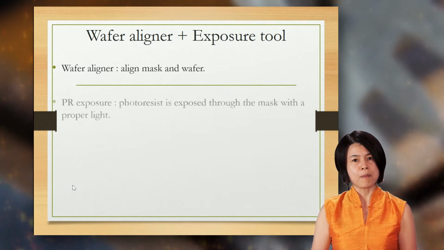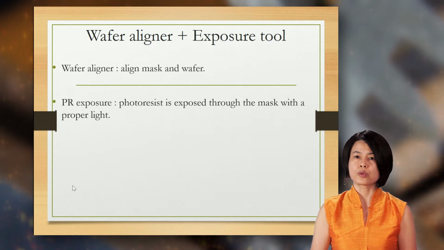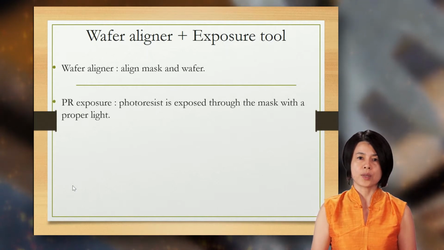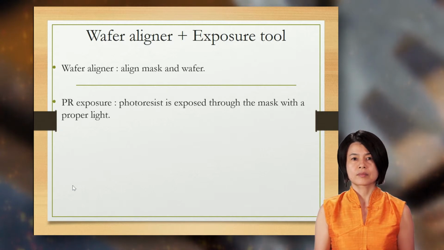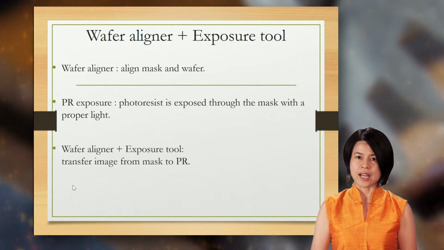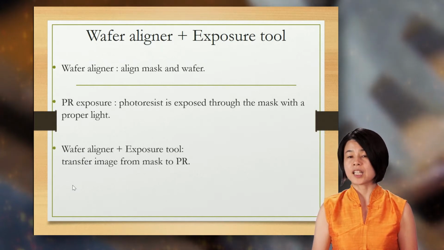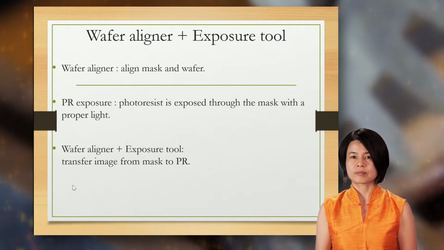After the position of the mask on the silicon wafer is well aligned, the exposure tool can expose the photoresist through the mask with the proper light. As a result, the combination of wafer aligner and exposure tool transfers the pattern of the mask into the photoresist.